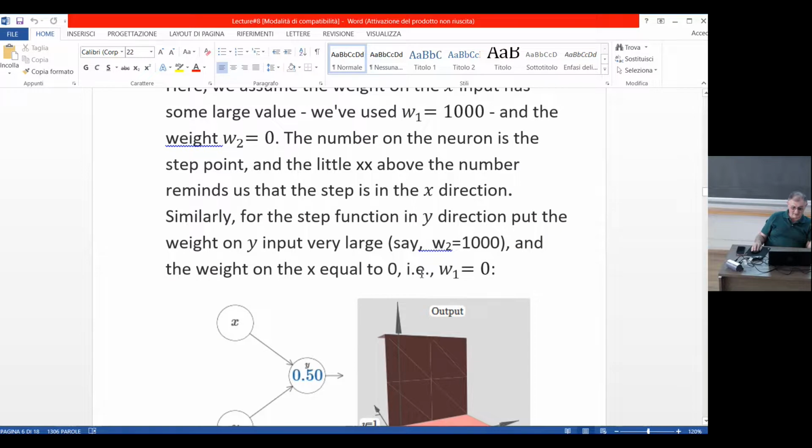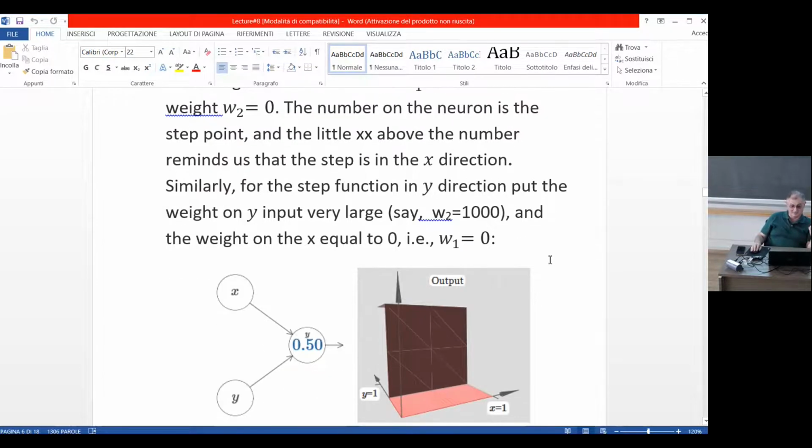So similarly, we can put the weight 1 equal to 0, weight 2 is equal to 1000. Yes, for an almost vertical direction of our jump function, so step function.